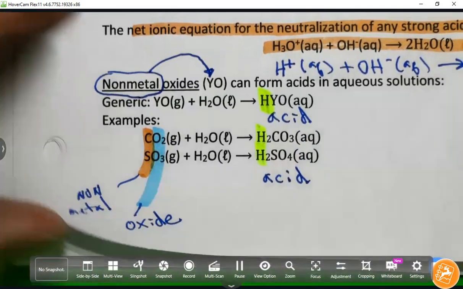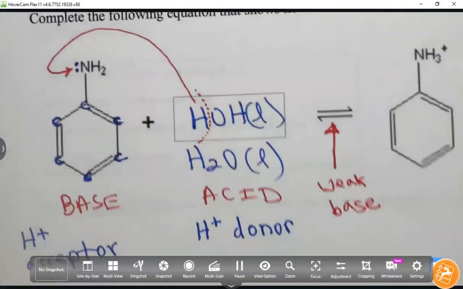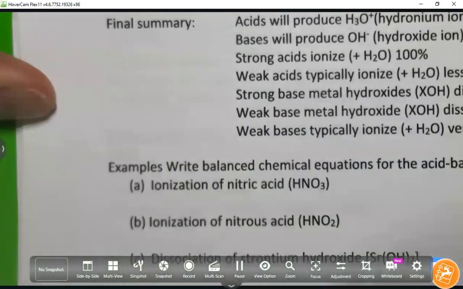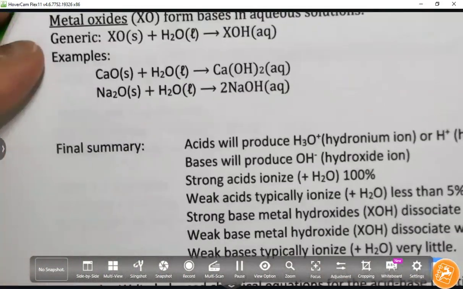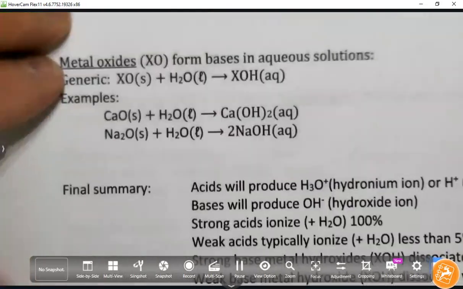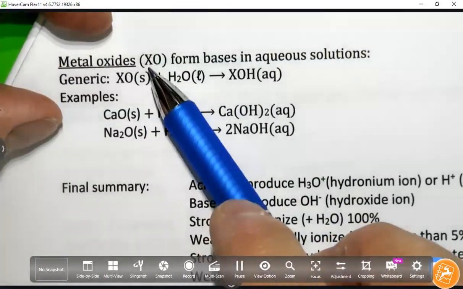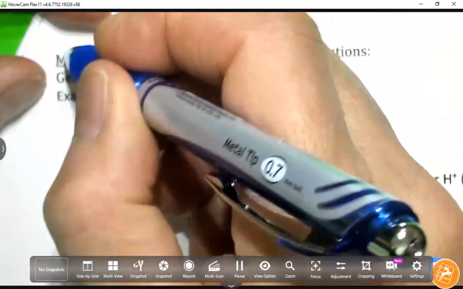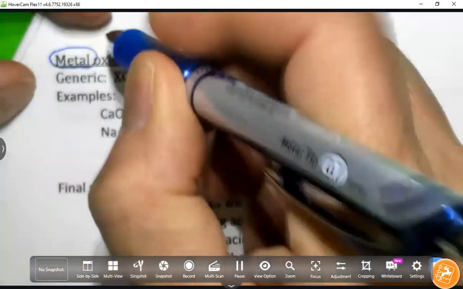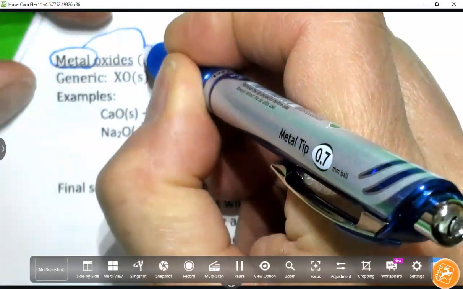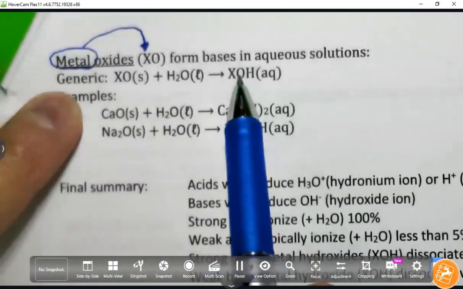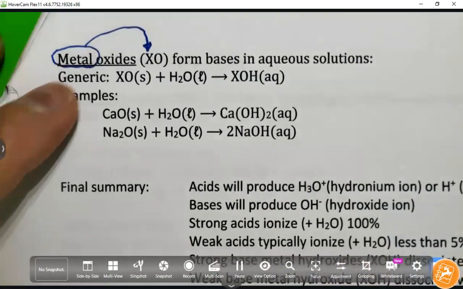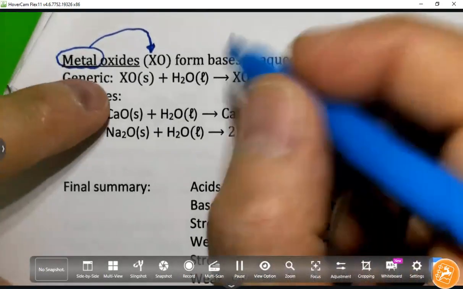Okay, it's the opposite on the next page. On the next page, a metal oxide this time with water forms a base. How do you know you have a base?